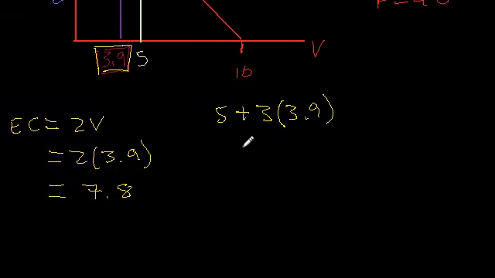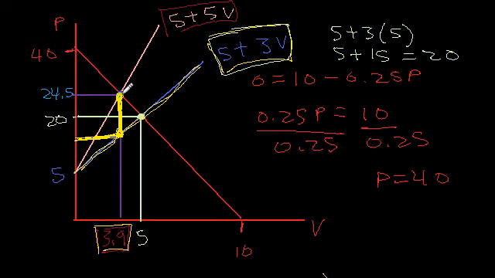So let me just get my calculator. 3.9 times 3 plus 5 is equal to 16.7. So we can plug that value into this point here on our graph, and then just subtract 16.7 from 24.5 to find out what the distance is between these 2 points.